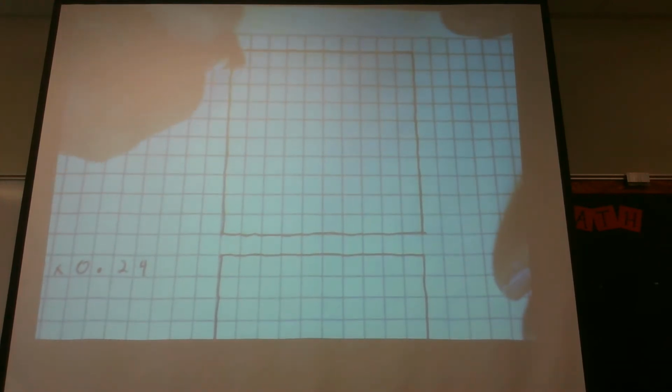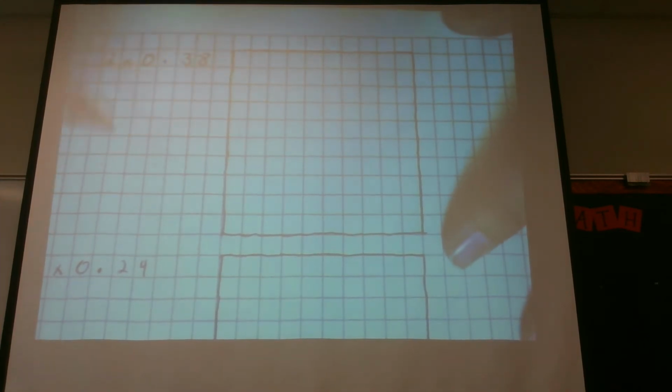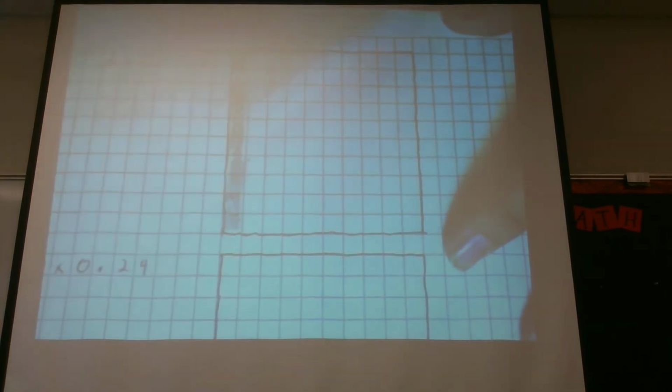Here I'm going to color in. Now if you pay attention and you've listened in the past, you'll find out that this is 1/10 or 10/100ths.